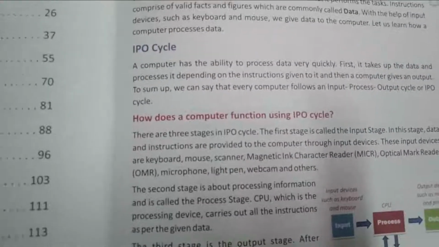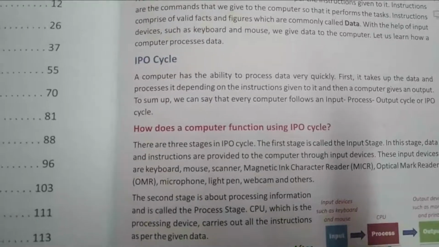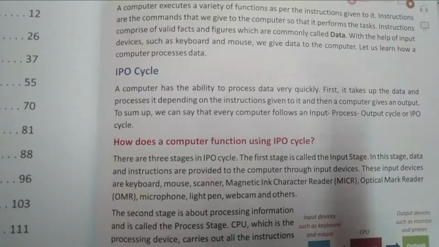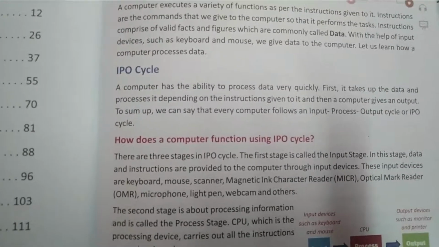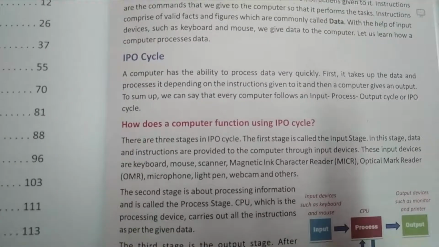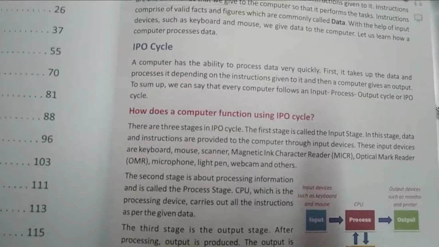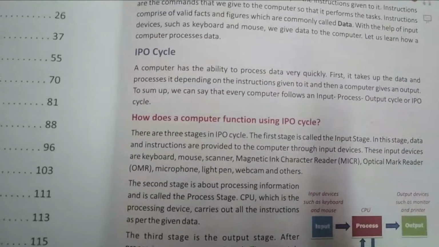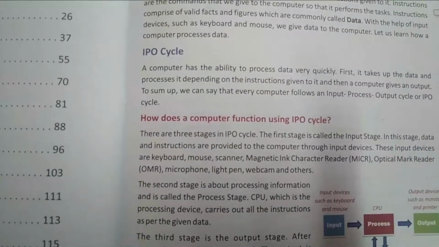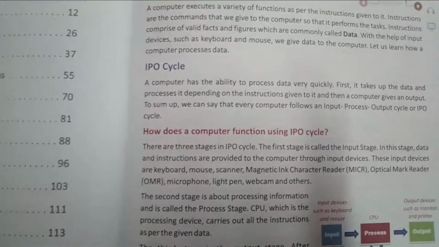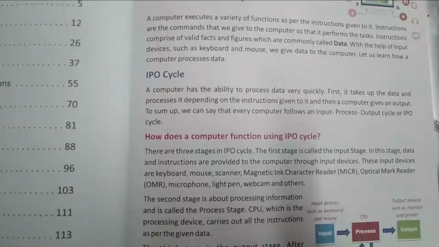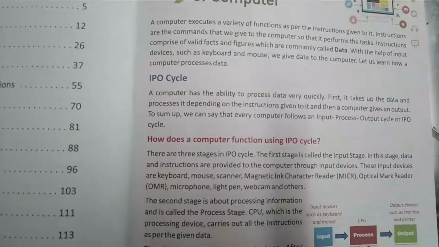A computer has the ability to process data very quickly. First, it takes up the data and processes it depending on the instruction given to it, and then the computer gives an output. To sum up, we can say that every computer follows an input process output cycle, or IPO cycle. So as I have told you, depending upon the command or instruction that we give to the computer, it works.